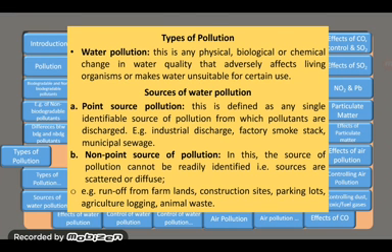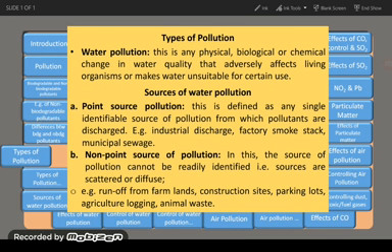It may be from industry in the form of industrial discharge, from a factory smokestack, or from municipal sewage.